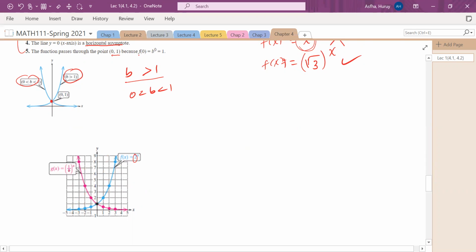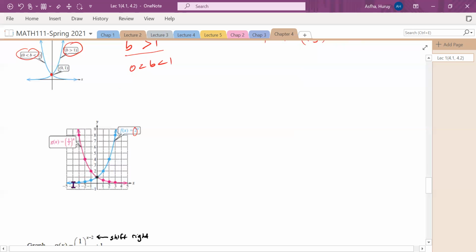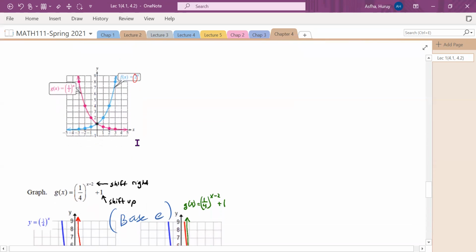And here we have 1/2 as base, so 1/2 to the power of x. It gives us a decreasing function, which is an exponential decay. And this is just simply to show the graph when b is between 0 and 1, and the graph when b is greater than 1.